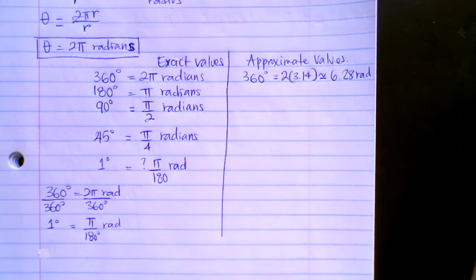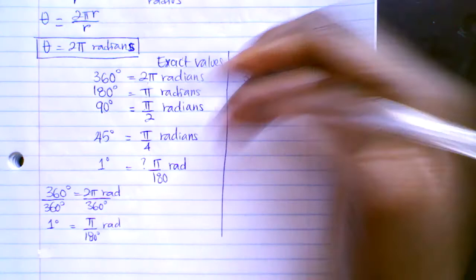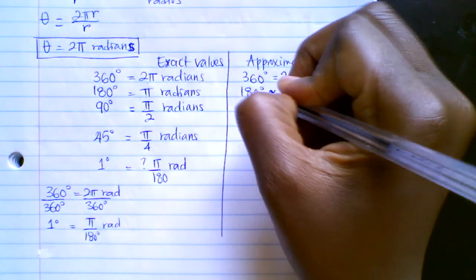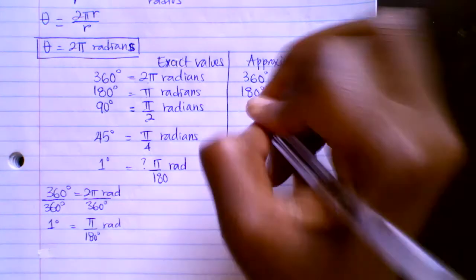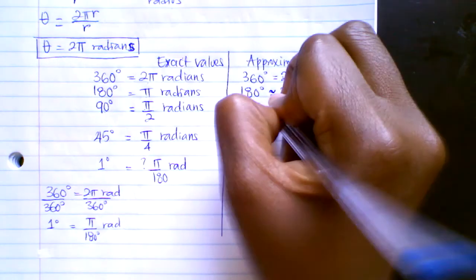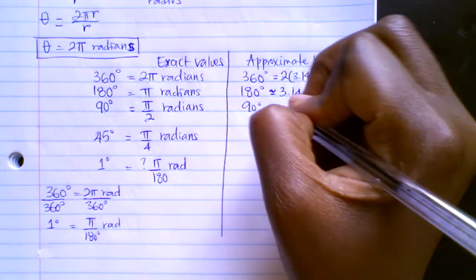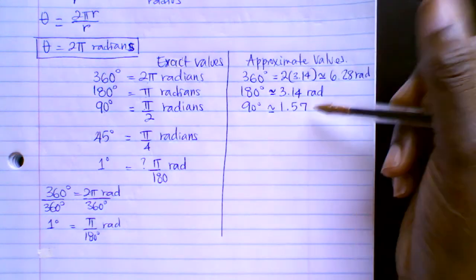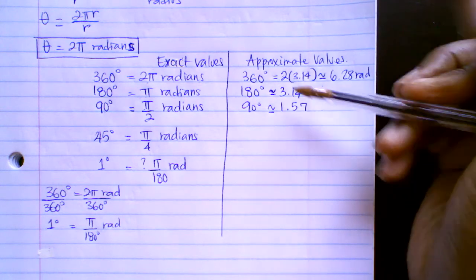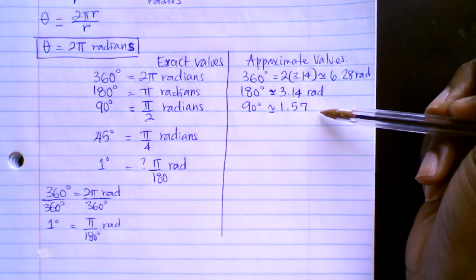Okay. Now, what is 180 degrees? Pi is 3.14, so the approximate value is going to be 3.14 radians. What about 90 degrees? It's approximately equal to 3.14 divided by 2, which simplifies to 1.57. Sometimes if you don't see any degree symbol, the little circle on top, it means that the measurement is in radians.